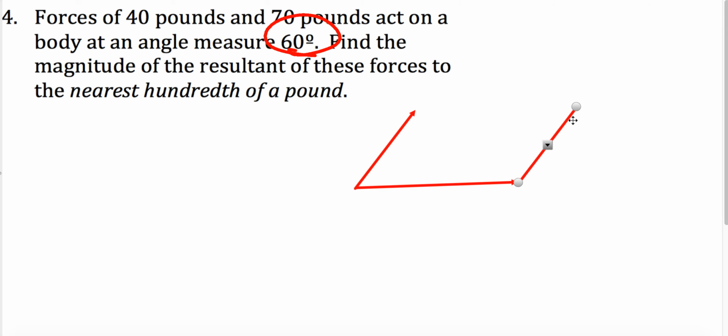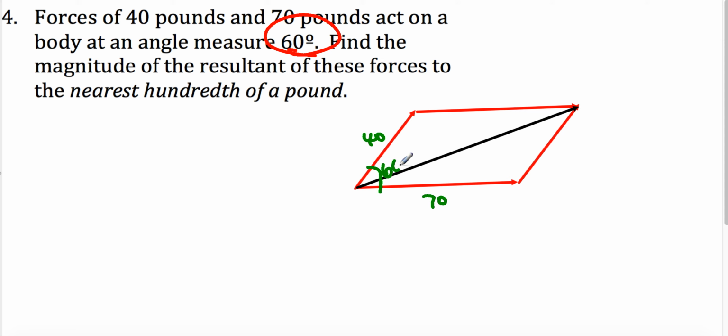We have opposite sides congruent to each other. This is 40, this is 70, and this angle is 60. That tells you that this angle must be 120.